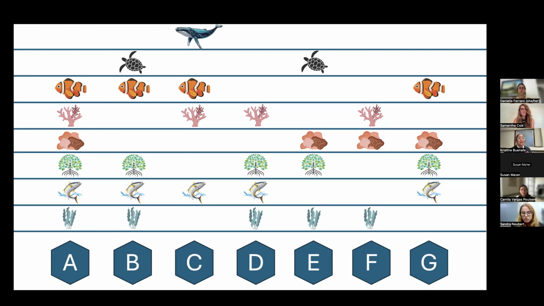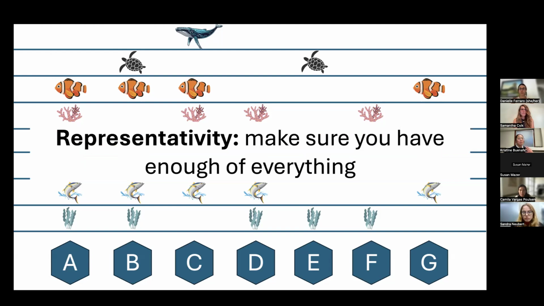And we want to minimize the number of planning units that we're selecting. So this is essentially what spatial prioritization does. And let's say, for example, this concept of getting one of everything, or representing one of everything, is one of the most common principles in conservation, which is representativity, making sure you have enough of everything.